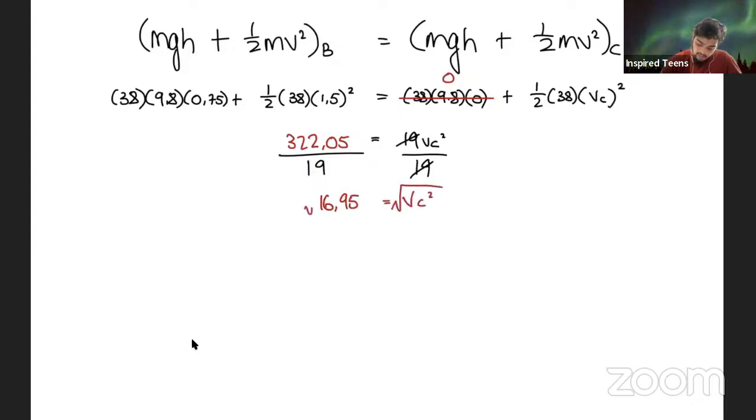Square root both sides to get rid of the square there. The velocity there is 4.11, 4.12, and you simply round off to 2 decimal places. So again, I'm only rounding off to 2 decimal places at the end, meters per second to the minus 1.